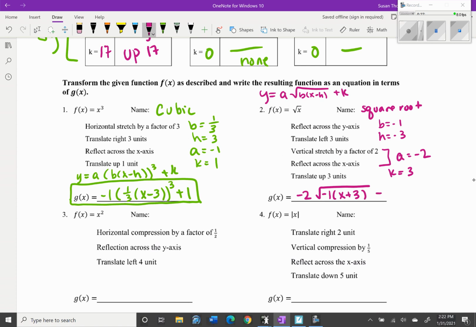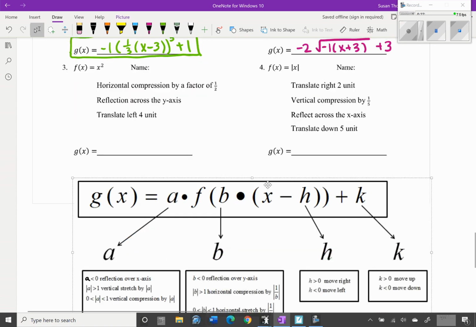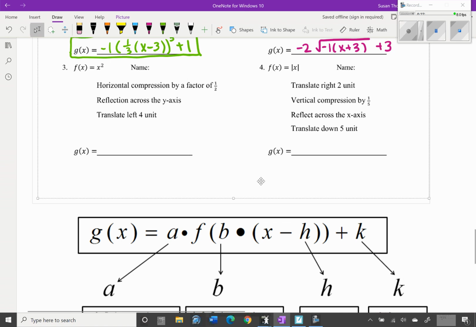And then k is 3, so +3 on the outside. So that would be my transformed equation. So notice your b and your h are underneath the radical, and a and k are on the outside. And again, the +3 means we're moving it to the left 3. Remember, opposite thinking. So then try to see if you can do 3 and 4 on your own, and when you're done, you can unpause the video to check your work.